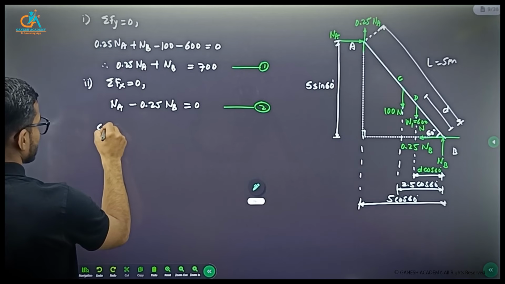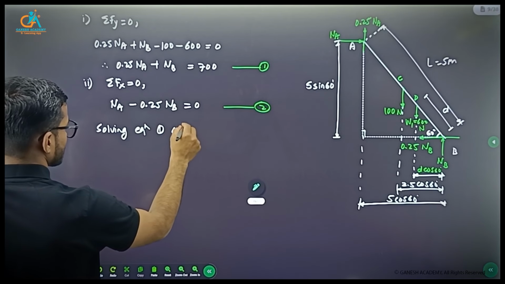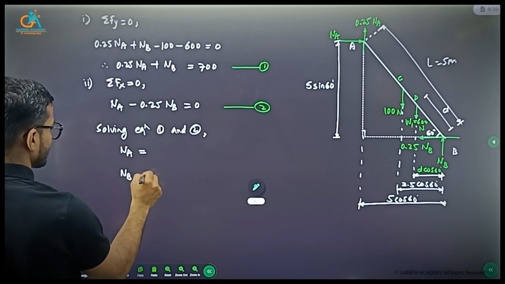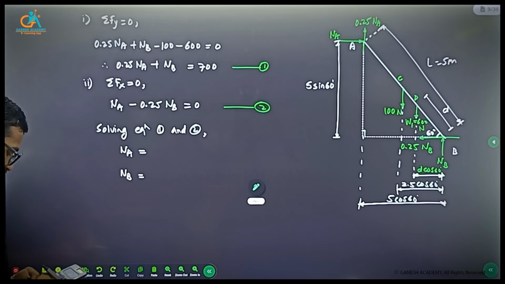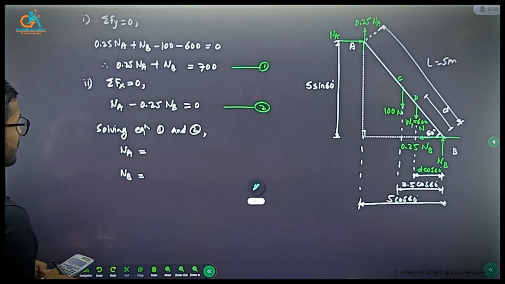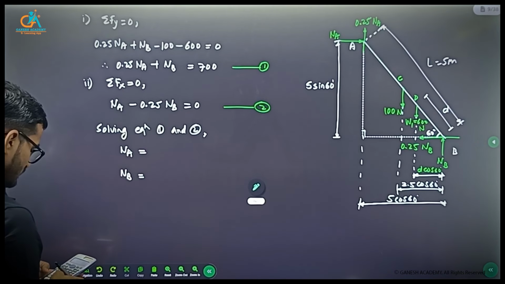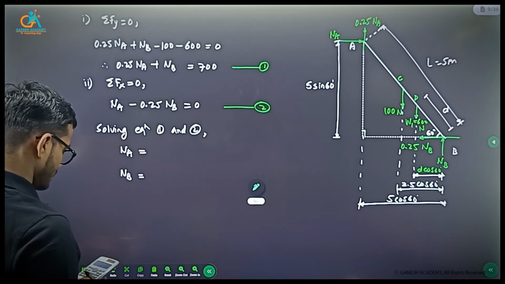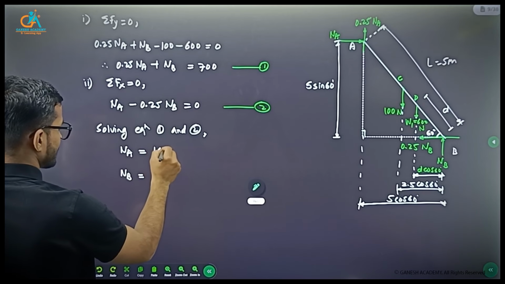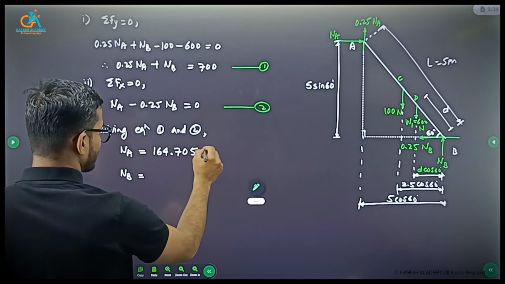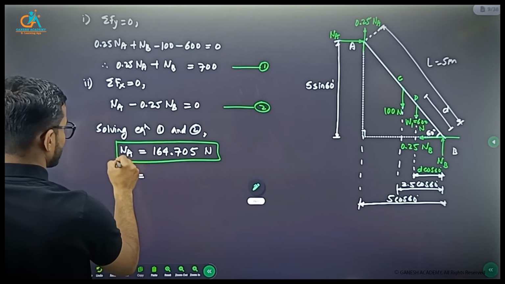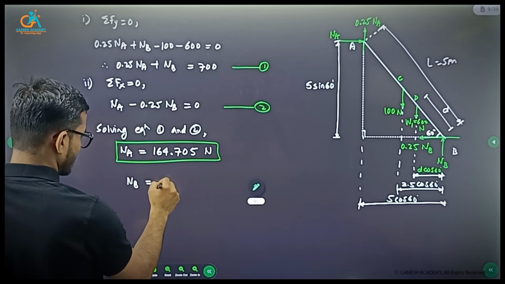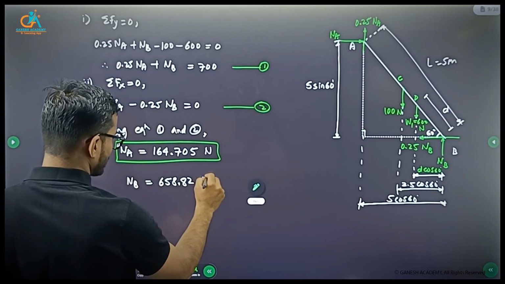So solving equation 1 and 2, we'll get Na and NB: 164.705 Newton and 658.82 Newton.